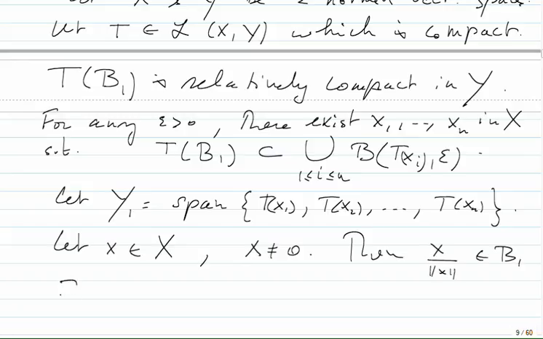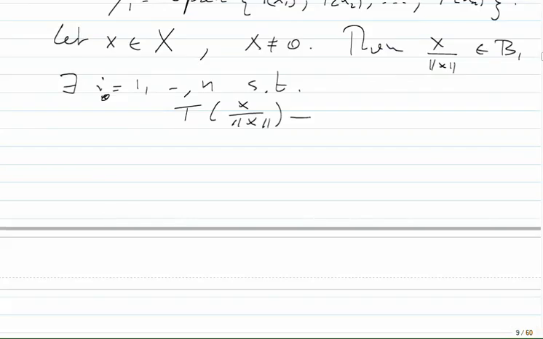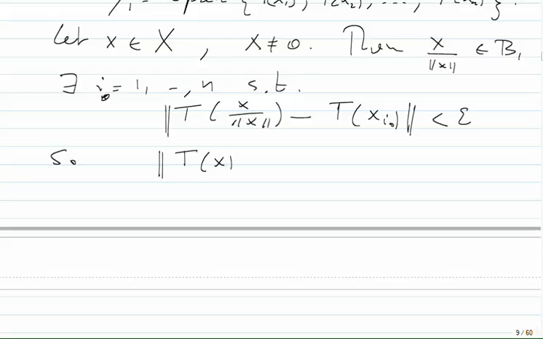In particular, there exists an i0 from 1 to n such that T(x/norm of x) belongs to one of these balls, meaning that the norm of T(x/norm of x) minus T(xi0) will be less than epsilon. So this implies that, using the linearity of course, the norm of T(x) minus norm of x times T(xi0) is less than epsilon norm of x.